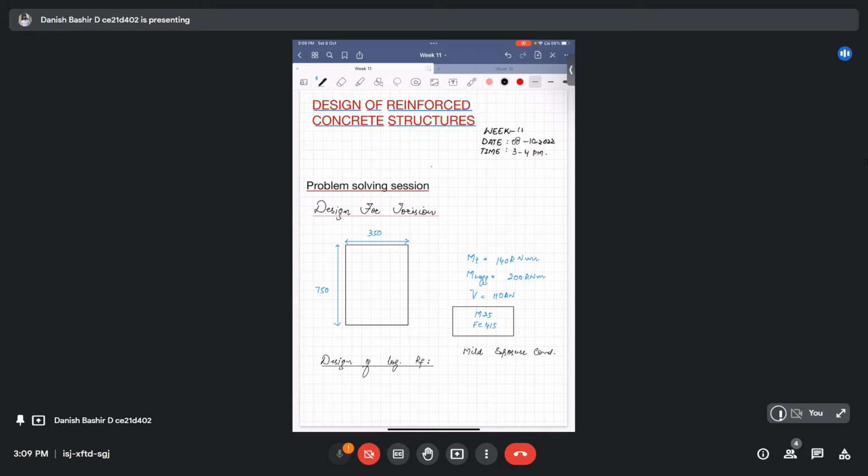From the code, for mild exposure conditions we can have a minimum cover of 20 mm.